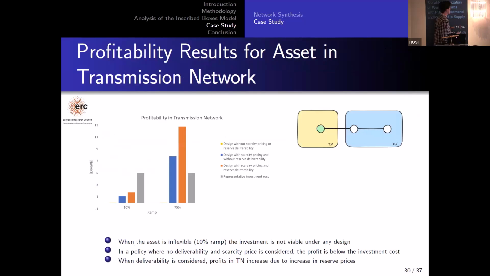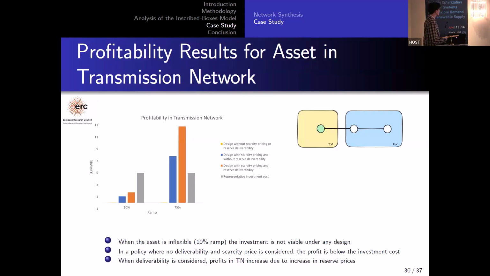The blue color is the design with only scarcity pricing, and the orange one is the design with both scarcity pricing and reserve deliverability. The gray bar indicates the investment cost. So when the asset is inflexible, the investment is not viable under any design, as we can see here. And also for the yellow policy, we can clearly see that it's not worth investing under any flexibility of the asset.